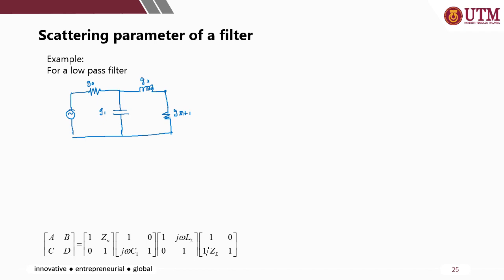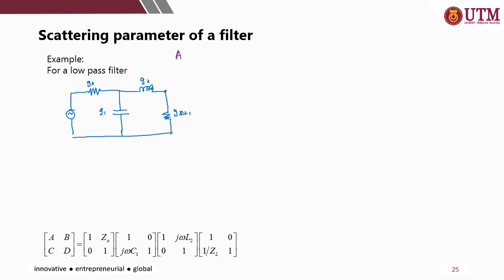Okay, so besides using the S11 graph and also the S21 graph as shown earlier, you can also present the scattering parameters of a filter, for example S11 and S21, by using the ABCD matrix, right?